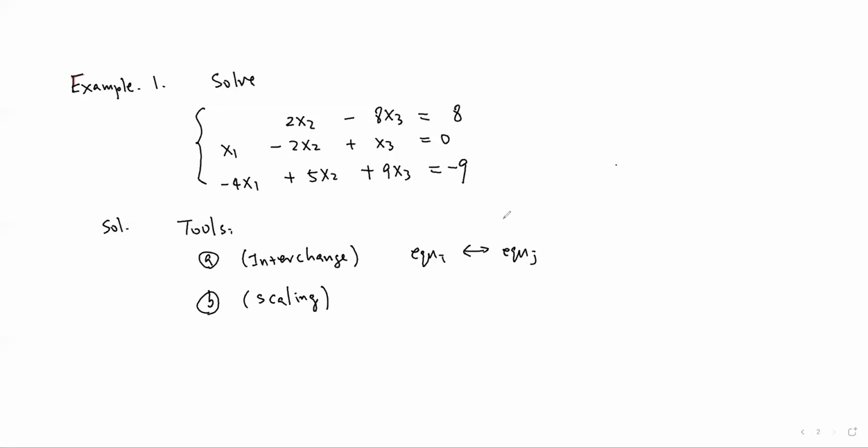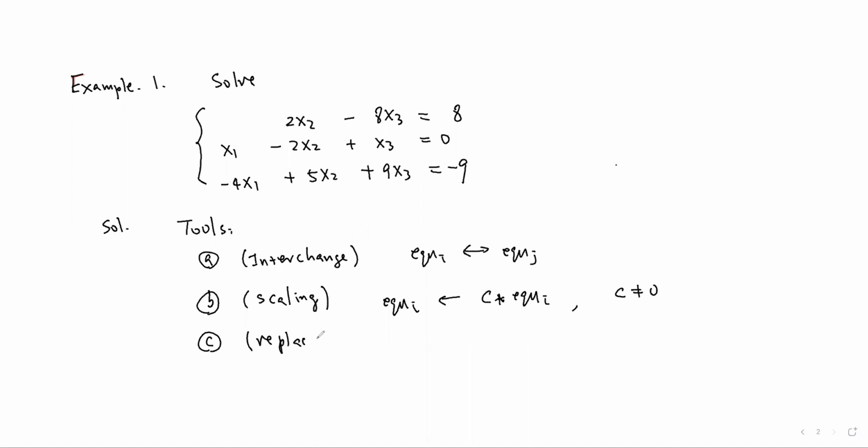Now C constant times some equation, say equation I, where C non-zero. Then we have a new equation. Plug in the new equation in equation I.